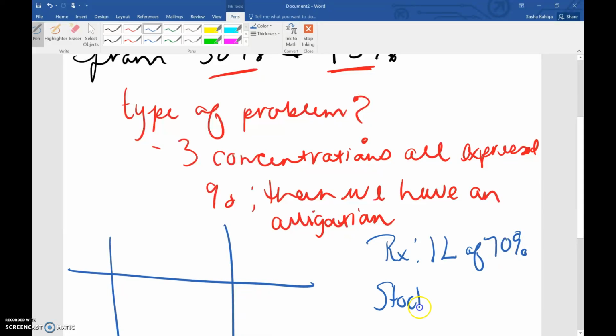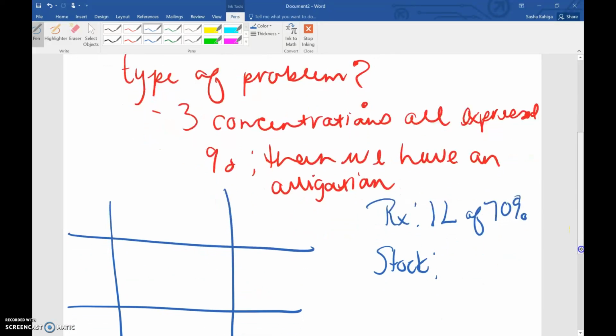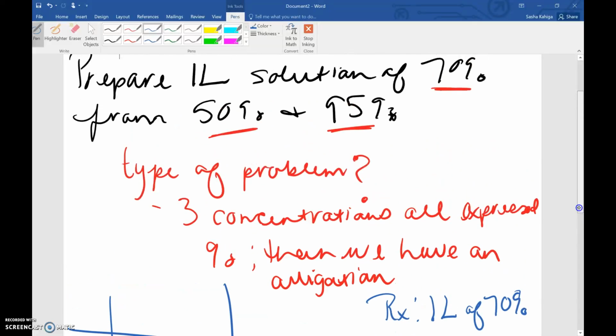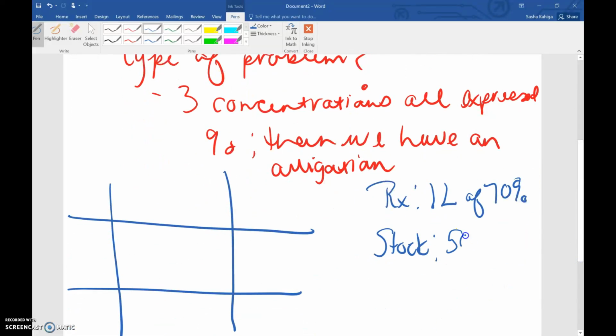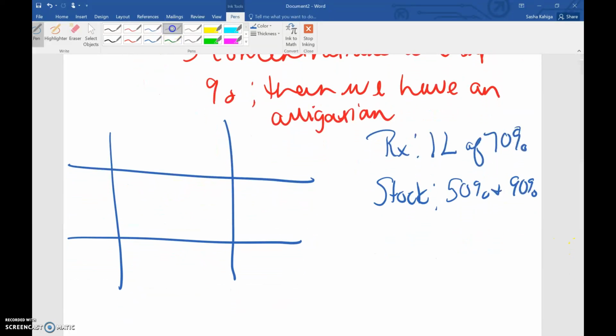What I have in stock, because I'm preparing that 1 liter of 70% from a 50% and a 90%. So now that I know this information, I pulled out my information. My highest stock percentage, which is 90, goes in the top left-hand corner.